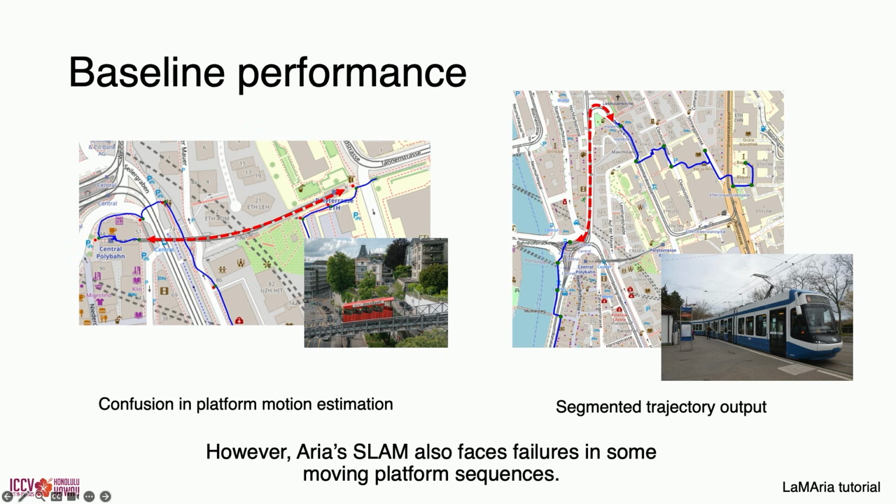In the two examples, one of them is incorrectly estimated over here. And in the other example, we obtained a segmented output exactly in the tram path of the sequence. There is a tram line that connects somewhere near ETH to central Zurich. So in this case, Aria SLAM also faces some failures in our moving platform sequences.